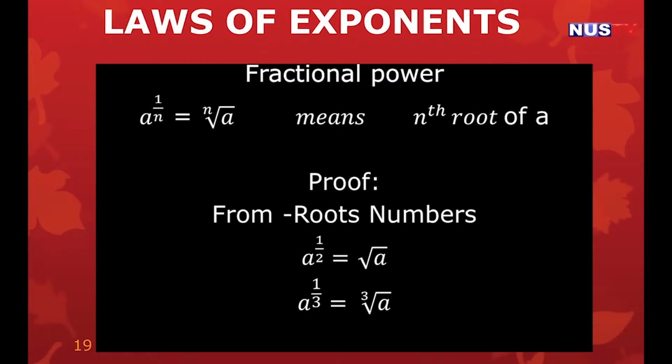So, if you have a to the power of 1 over n, which is a fraction, you can rewrite it as a surd, the nth root of A. Nth root of A. Okay?